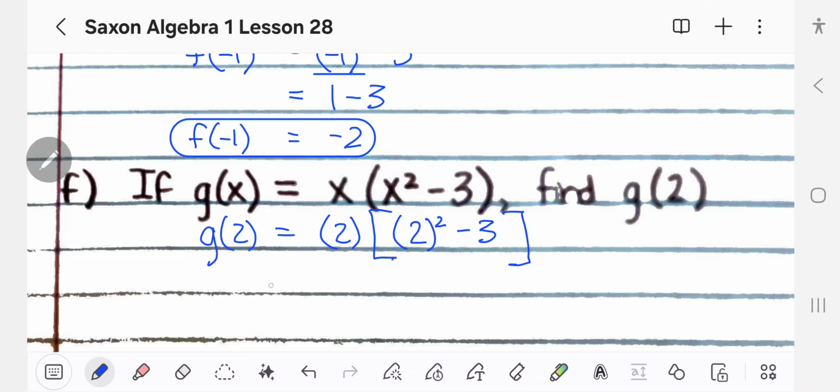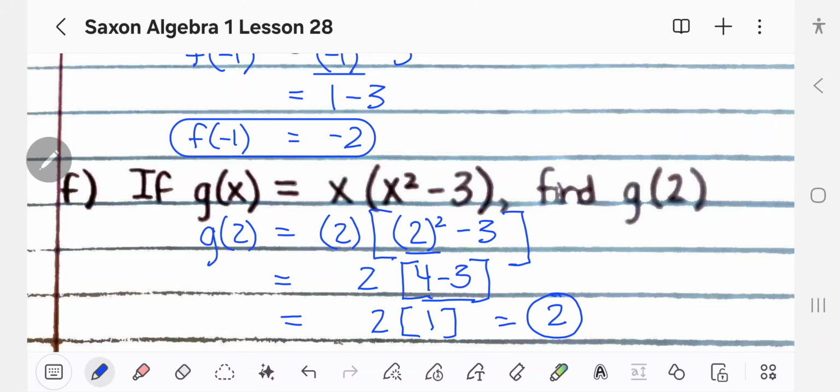Okay, and then I'm going to use my order of operations. Here I would do that. That's 4 minus 3, and then 4 minus 3 is 1. And then 2 times 1 is just equal to 2. So the answer to F is 2.